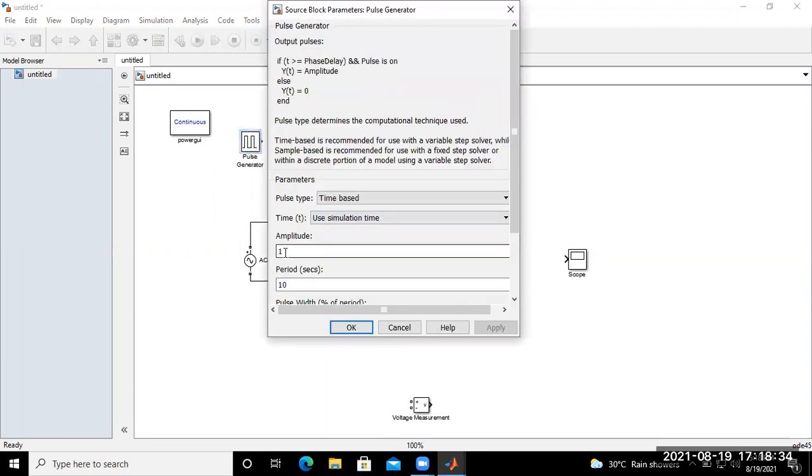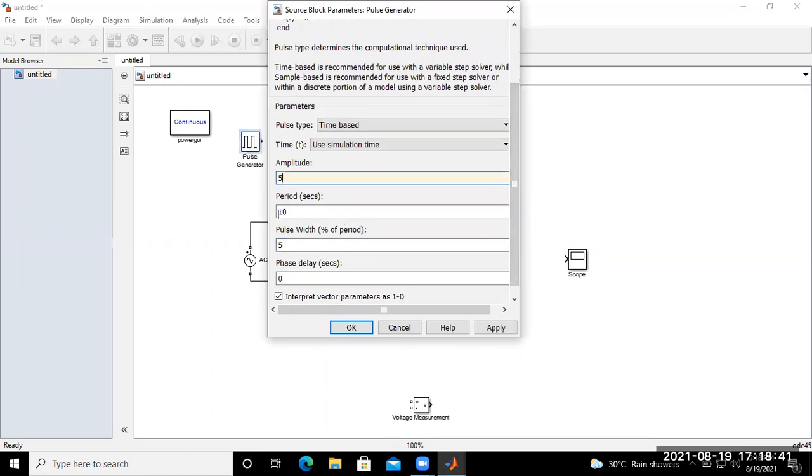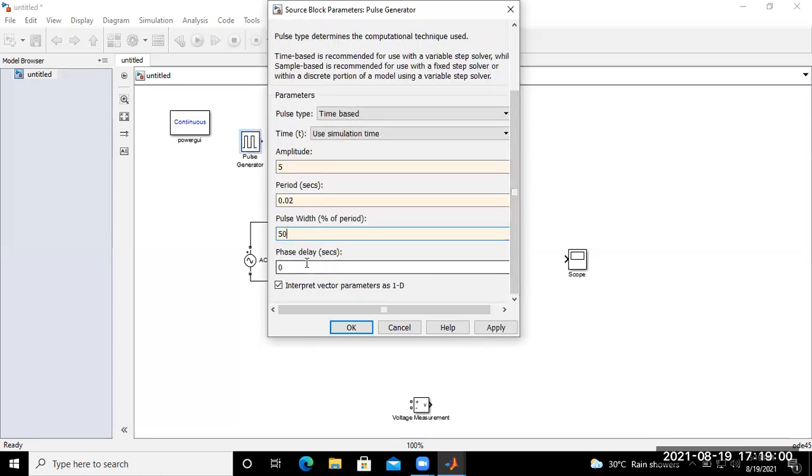So just put here the pulse generator with amplitude 5 and the time period 0.02. Pulse width is 50. What do you want for phase delay here? Put in seconds. Suppose that you want to put the gate pulse at a 30-degree delay.